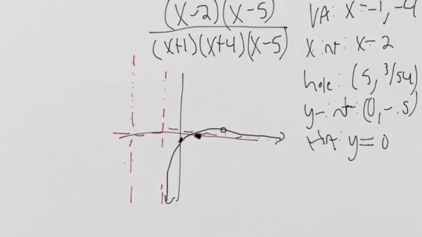Now, there's other stuff happening. There's all kinds of graph over here, but we don't have any other points or anything that we can build off of over here. But we do know that this vertical asymptote at -1 has a multiplicity of 1. The exponent right here is 1, which is odd, which means that on either side of my vertical asymptote, I have to have a different sign.